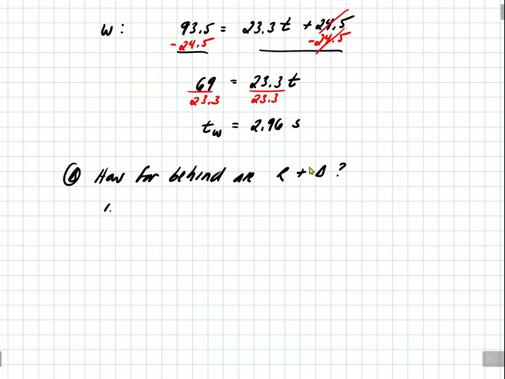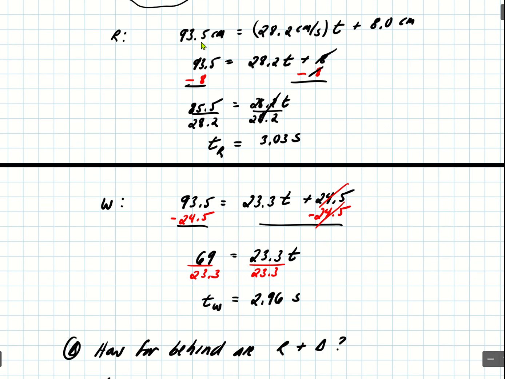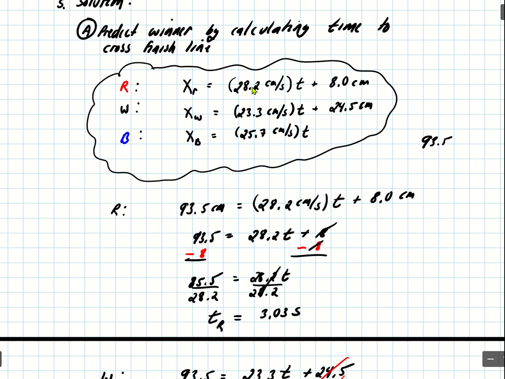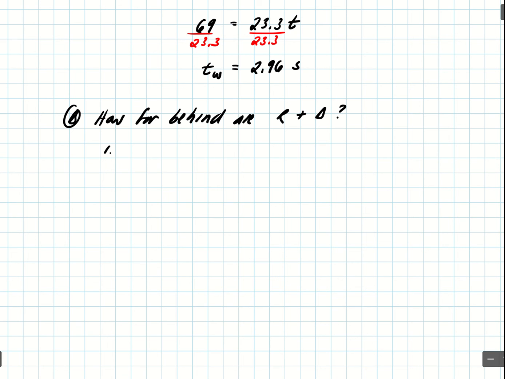We're going to put in the winning time, 2.96, and let's go ahead and do red's. We're going to plug the winning time into red's position equation. So red is 28.2 and 8. Let's remember that. So the position of red at the finish is going to be 28.2 centimeters per second. I'm going to put in the winning time.